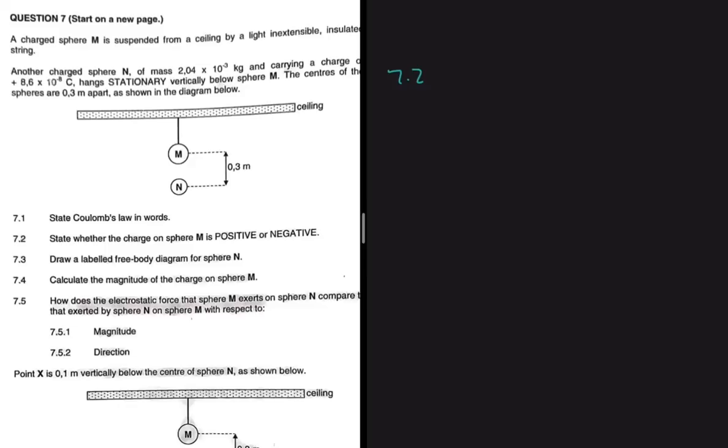So let's look at what's happening here. We have sphere N in the air, but we know fully well that there must be some gravitational force acting on sphere N. So why is sphere N not going down?